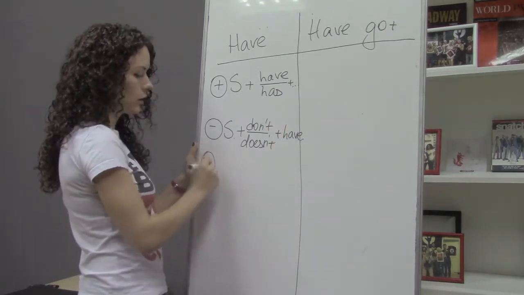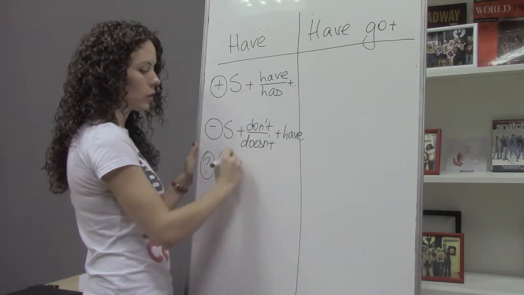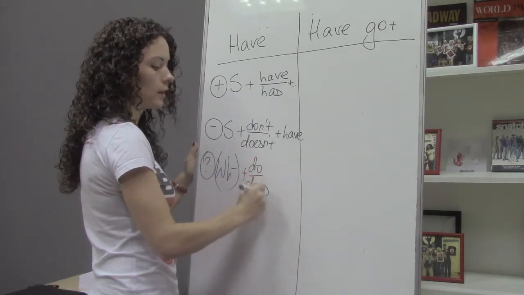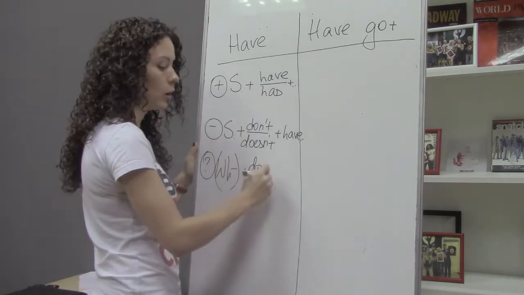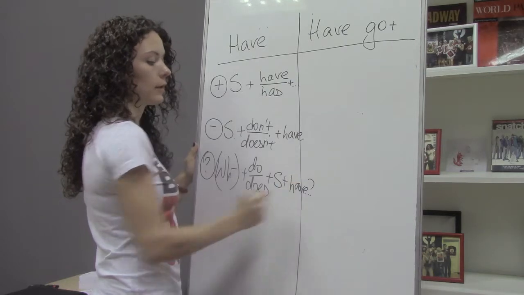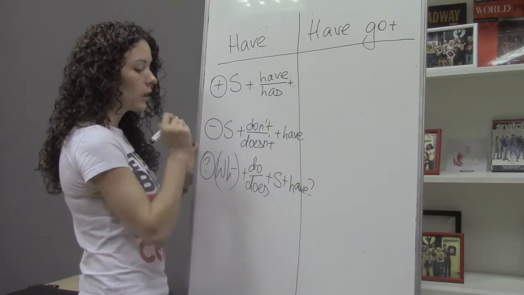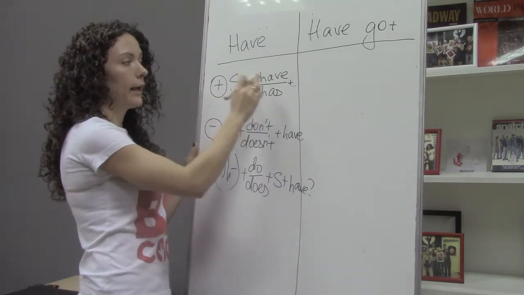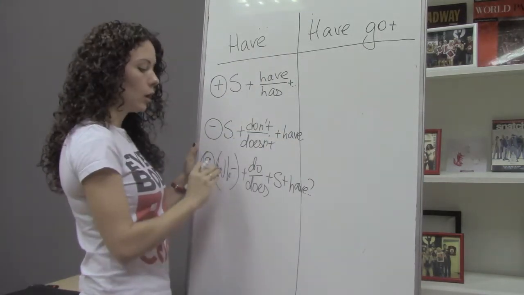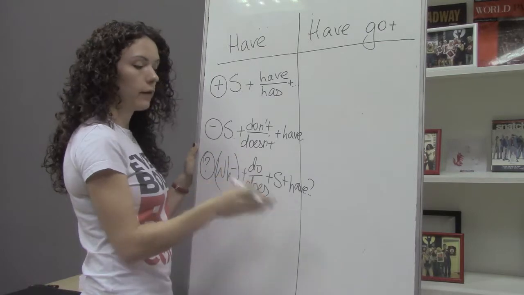And the question: the WH question word, plus do or does, our helping verb in present simple, plus subject, plus have. So, for example, I have some money. He doesn't have any money. Why do you have so much money?